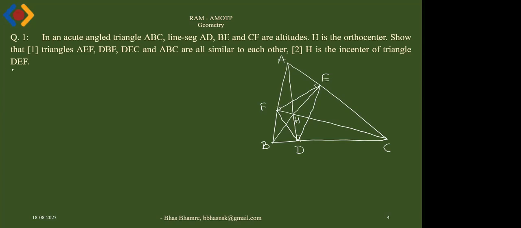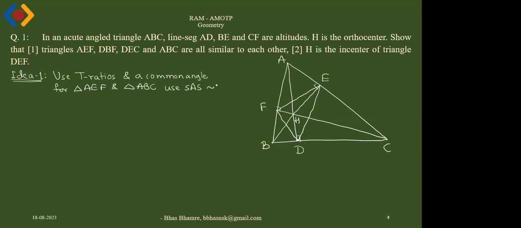For showing the first, our idea 1 is to use T ratios, that is trigonometric ratios, and a common angle for triangle AEF and triangle ABC, and then use the SS similarity criteria.